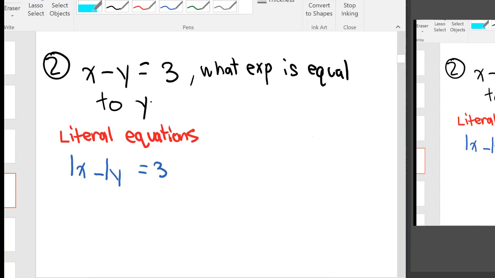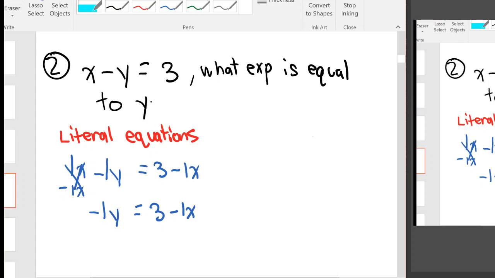So I'm solving for y, so I'm going to isolate my y variable. I'm going to subtract 1x from both sides. So I have negative 1y is equal to 3 minus 1x. To solve for y, what I would do is divide by negative 1.